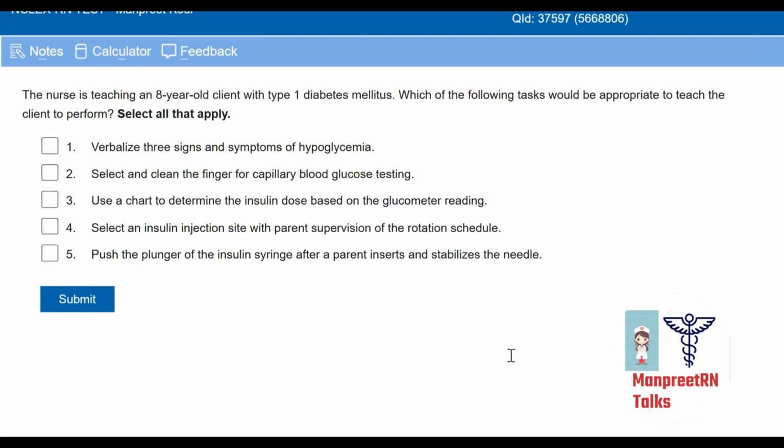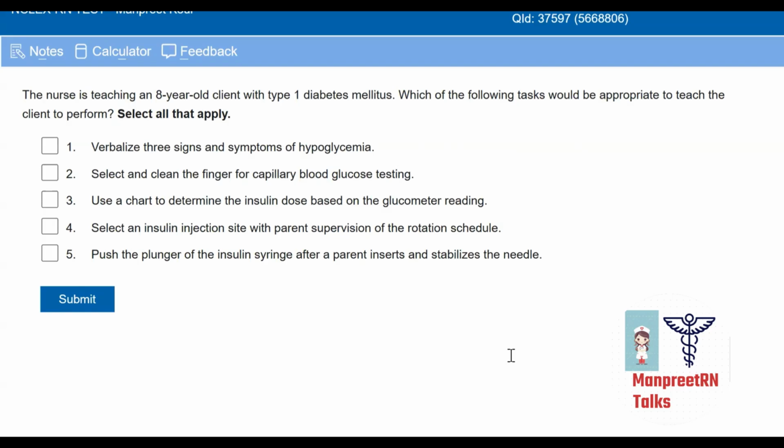So there is an 8-year-old boy, and the nurse is providing teaching for type 1 diabetes mellitus. The options are: verbalize three signs and symptoms of hypoglycemia; select and clean the finger for capillary blood glucose testing; use a chart to determine the insulin dose based on the glucometer reading; select an insulin injection site with parent supervision of the rotation schedule; push the plunger of the insulin syringe after a parent inserts and stabilizes the needle.